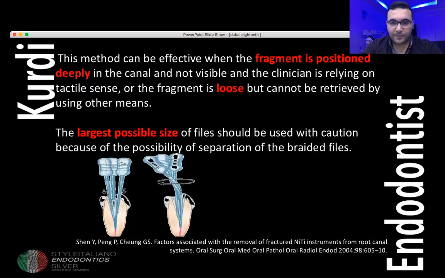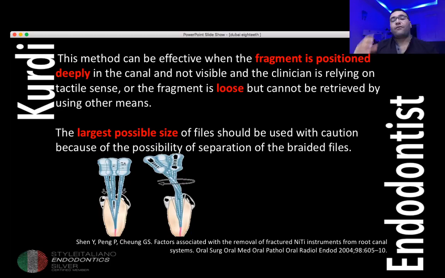All right. And you braid these files together, engaging the separated file between them and pull the whole part together, and it may sometimes take this file with that. But in such cases, I use this technique if I only have a fragment which is very loose, deeper inside the canal, and I cannot have a direct access to the file, but it must be loose.